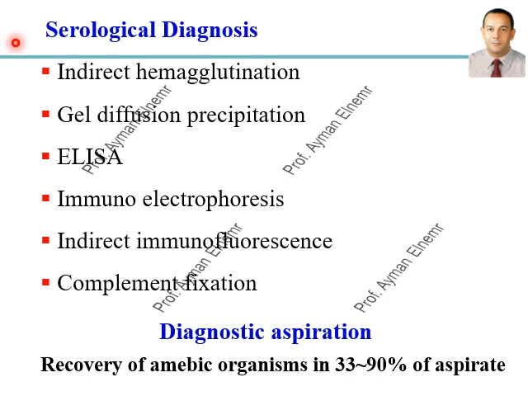Serological diagnosis includes indirect hemagglutination, gel diffusion precipitation, ELISA, immunoelectrophoresis, indirect immunofluorescence, and complement fixation. In diagnostic aspiration, recovery of the amoebic organisms occurs in 33 up to 90% of the aspirate.